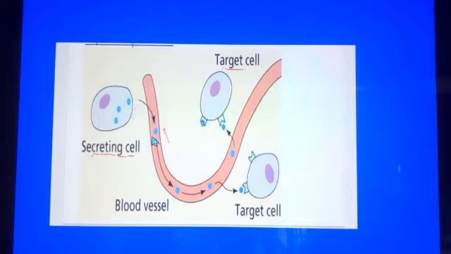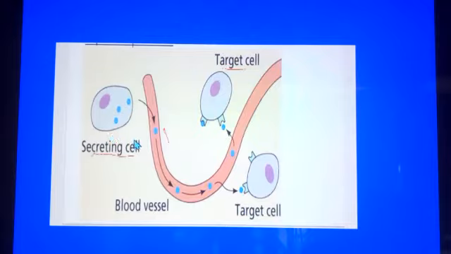This is a bloodstream, of course it's a blood vessel, it could be an artery, and then once it is relayed into the blood vessel, it is transported to the target cell. So in this diagram we are using two target cells, and remember the shape and the conformation of the target cells actually fits the type of the protein that has been produced here.